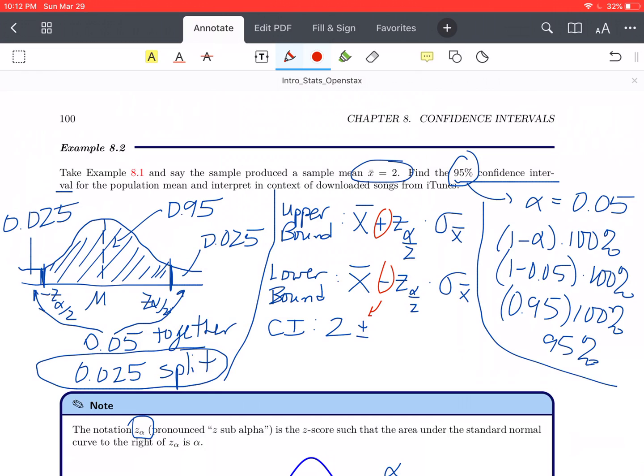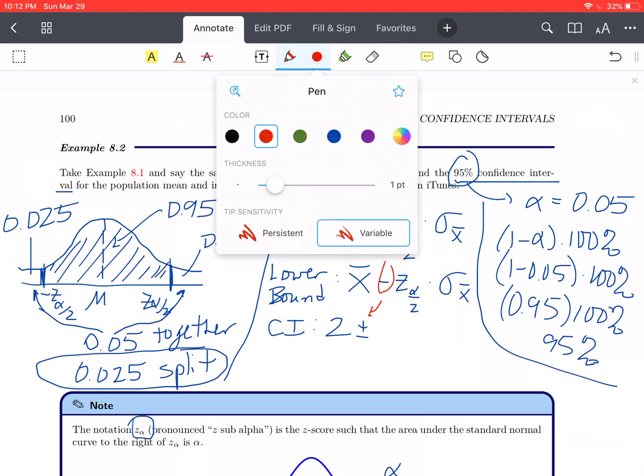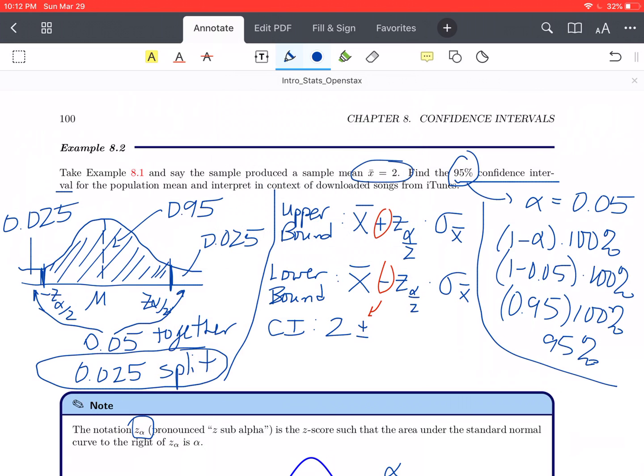That way you don't have to write it twice, because everything's going to be the same except the plus and the minus. So basically one of my cases will be 2 plus this number, and the other case will be 2 minus this number. But we can just write it a little bit faster by combining it. Okay, and then plus or minus z sub alpha over 2, we'll come back to that in a second, and then times 0.1 was our standard deviation.